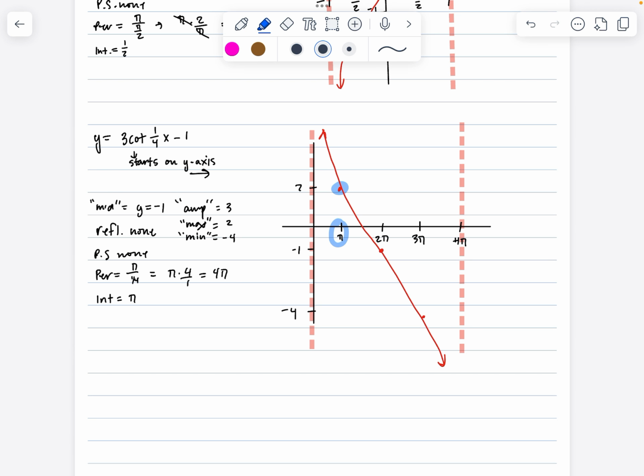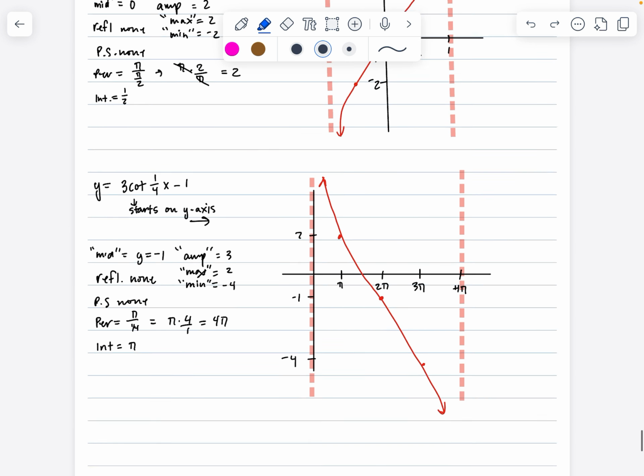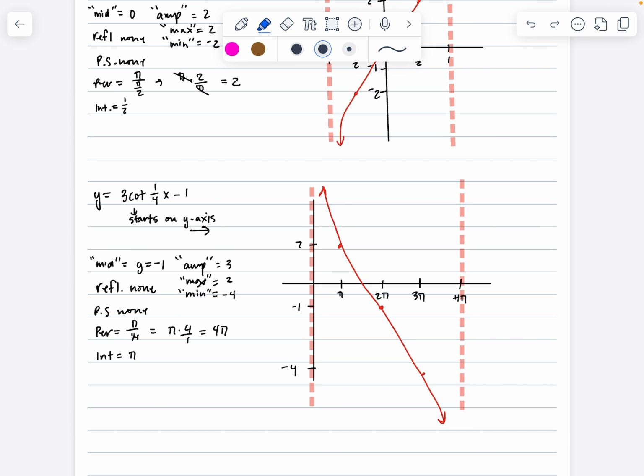Using that fake maximum helps us find a new point, pi, comma, 2. Same thing goes for here. The fake minimum is 3 pi, comma, -4. And this is not really a minimum. Just like how this amplitude is not really an amplitude because it doesn't help calculate the maximum or minimum. It's a vertical stretch. But we use it just to find new points to actually graph.